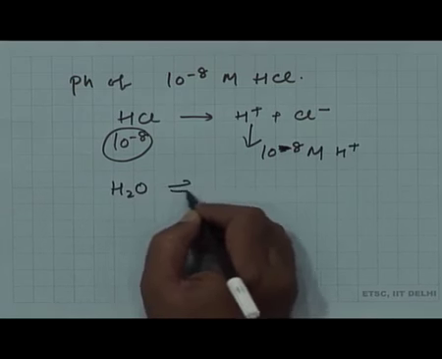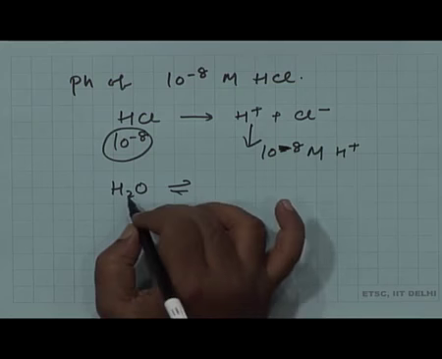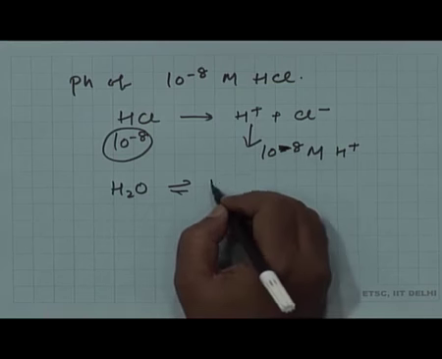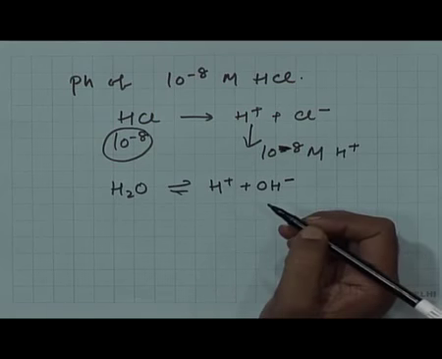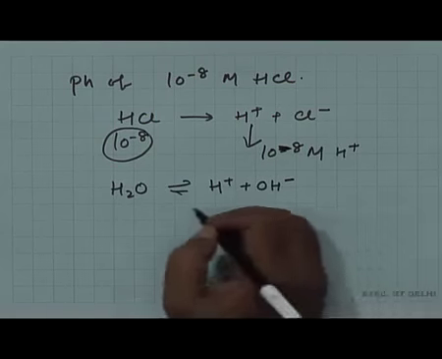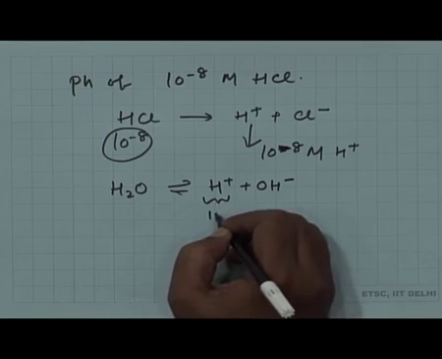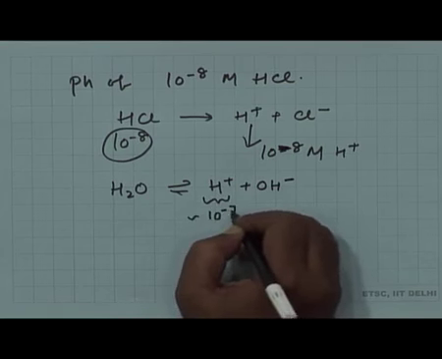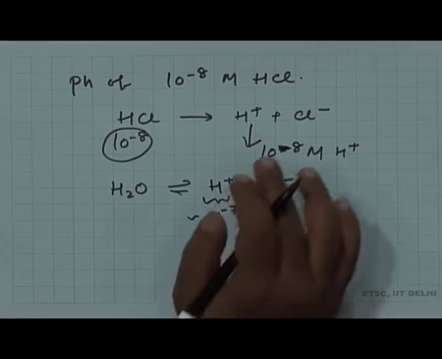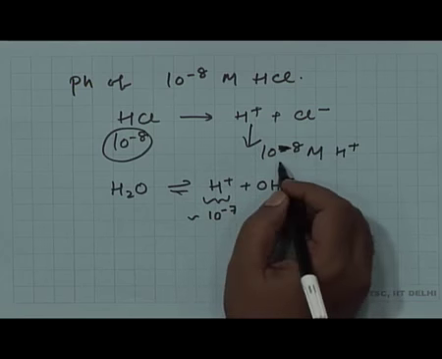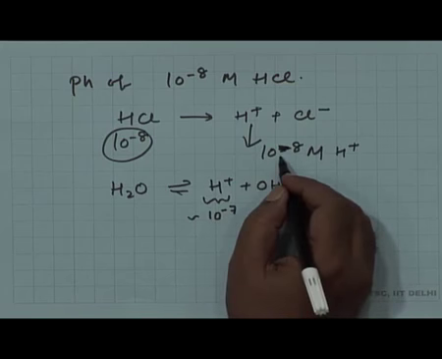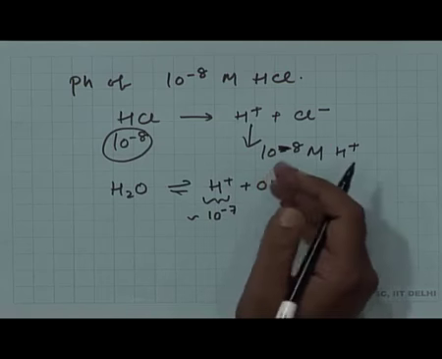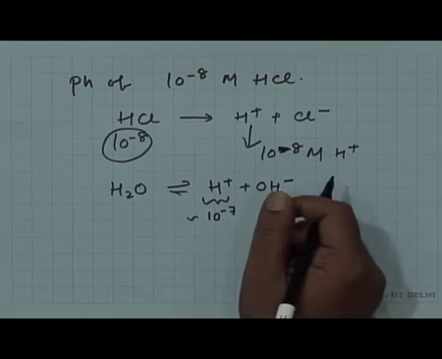However, here we cannot neglect the dissociation of H2O. Since the H+ from H2O, which is almost 10 to the power minus 7, can no longer be neglected compared to 10 to the power minus 8 molar, because 10 to the power minus 7 is greater than 10 to the power minus 8 molar.